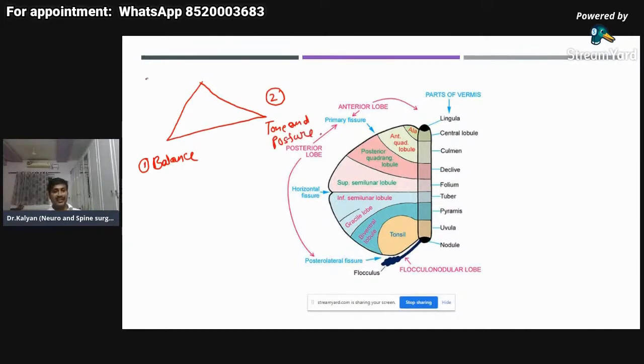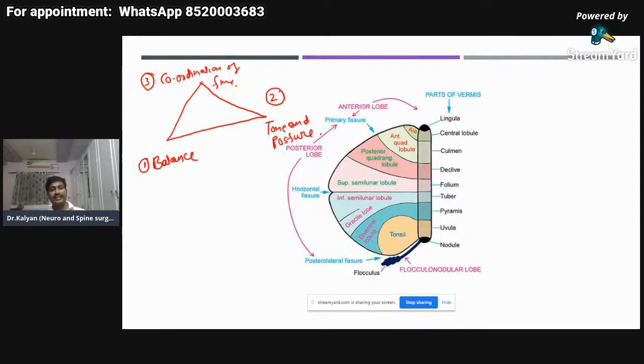The third important function is coordination of fine motor movements. So the cerebellum has three functions: balance, tone and posture, and coordination of fine motor movements.